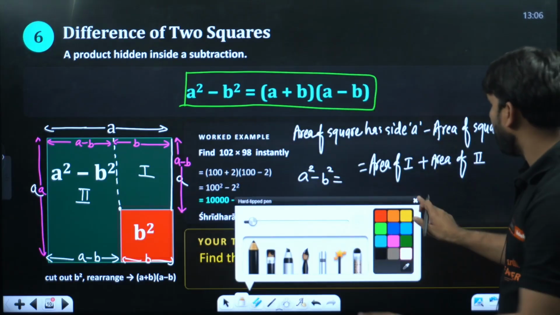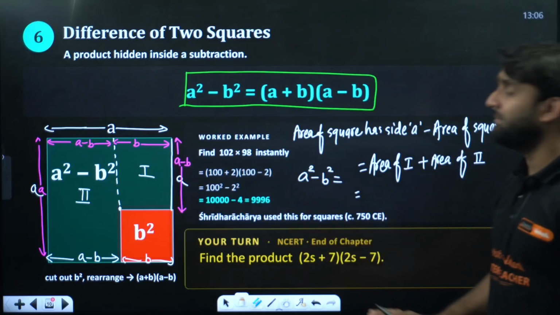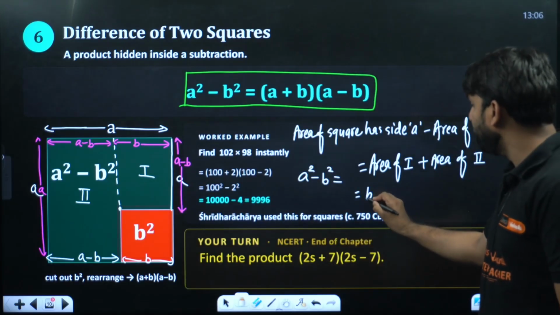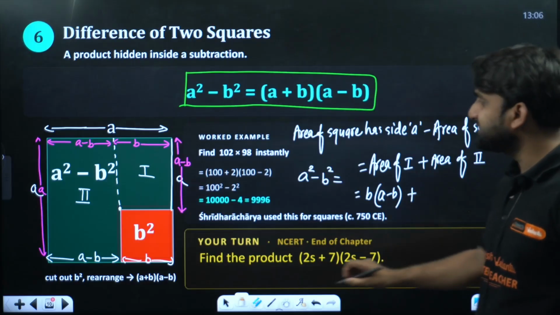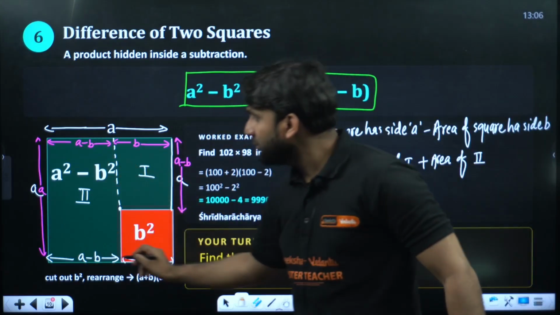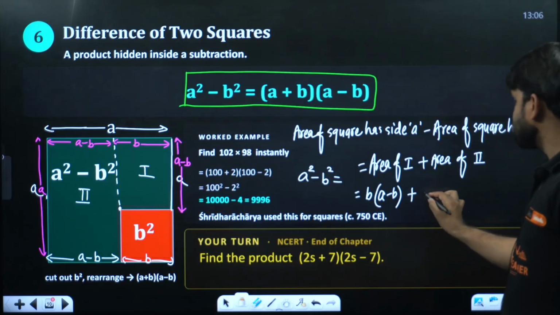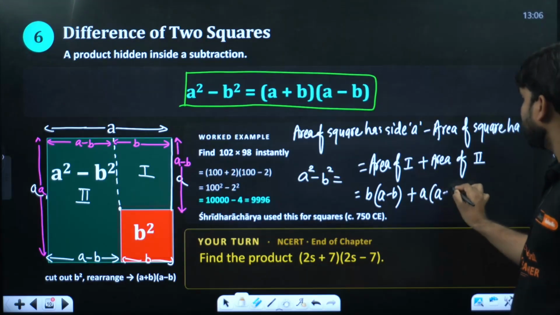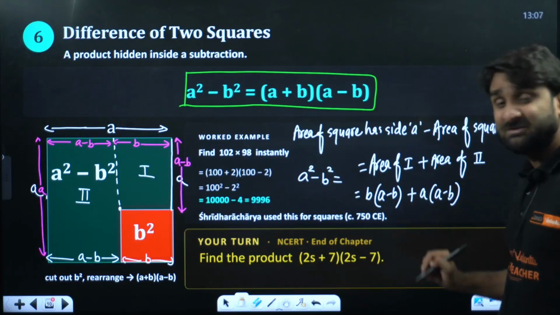Champion, area of part 1, which is this compartment, is length into breadth. So B into A minus B, plus area of compartment 2, which is length into breadth, A into A minus B. Can you see here? A minus B is common in both.